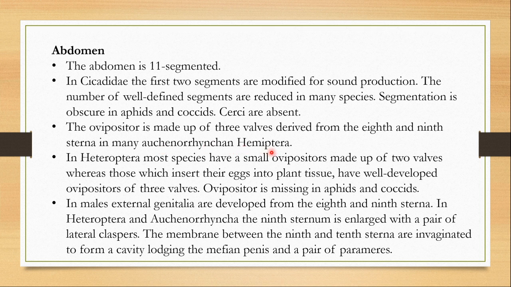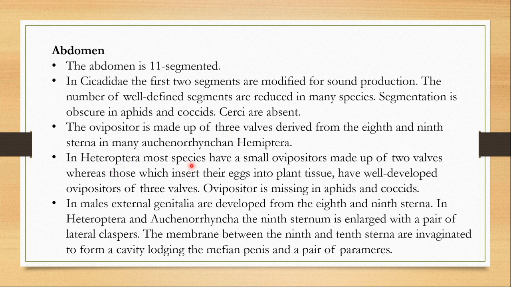Order Hemiptera. In Heteroptera, most species have a small ovipositor made up of two valves, whereas those which insert their eggs into the plant tissue have well-developed ovipositors of three valves. So, in case of order Hemiptera, the ovipositor is always made up of three valves.